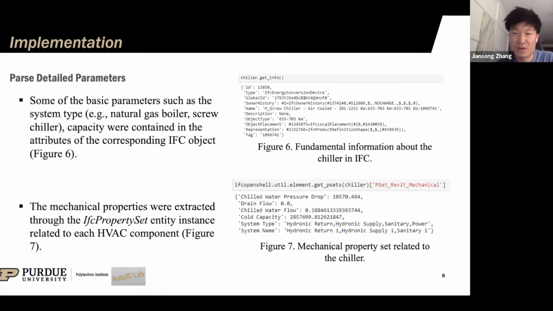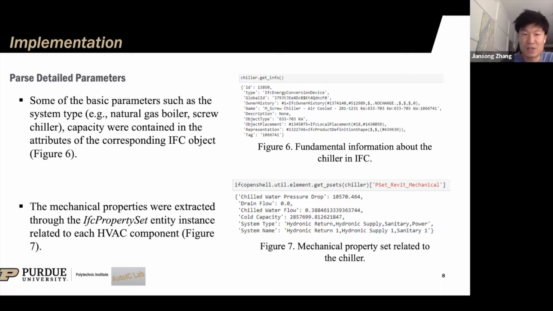As you can see from figure 6, there is a screw chiller and cooling capacity defined in this entity. And the second way is through the IFC property sets that the entity instance relates to that particular HVAC component.